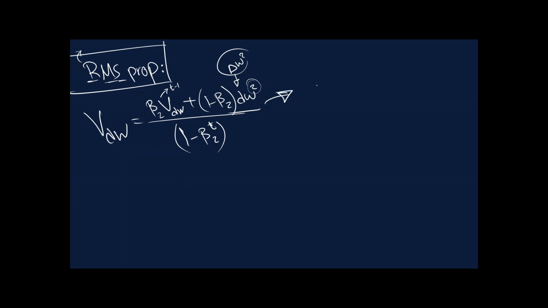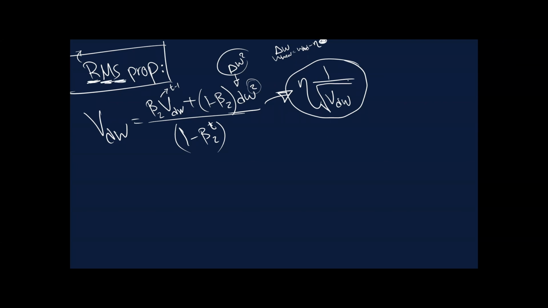Okay, so what about the update? The update is not using VdW itself just like that from the calculation. It's using eta multiplied by 1 over the square root of VdW. Recall that the update was W new equals W old minus eta, and then here it could be dW, it could be whatever, okay? For the new update of RMS prop, we will be having the root mean square.